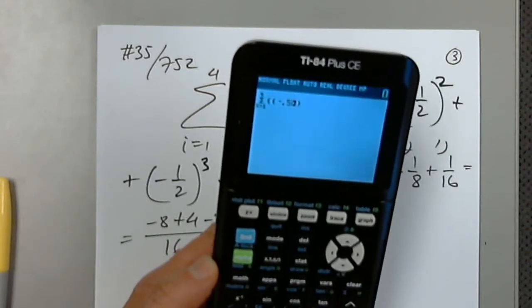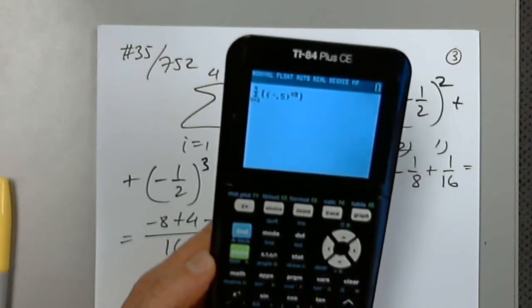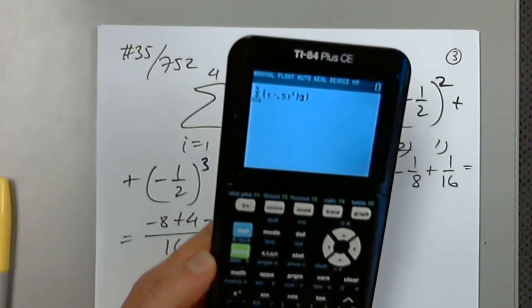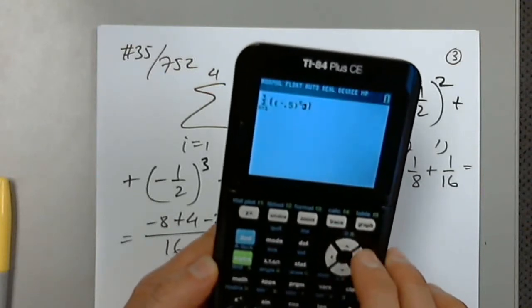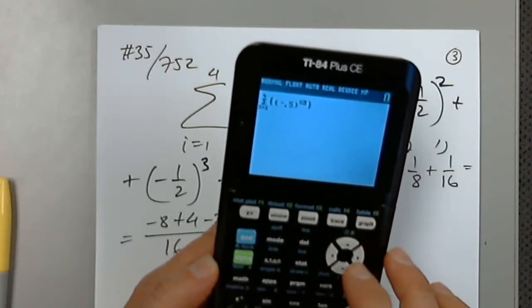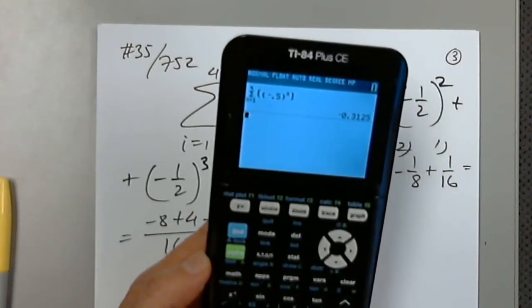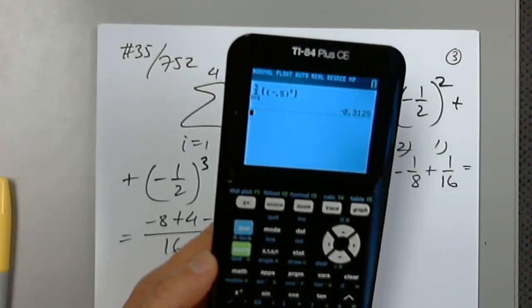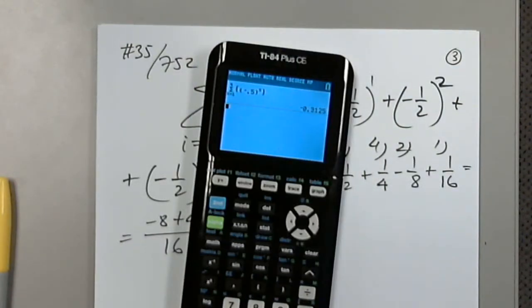So close the parenthesis, caret x, and then down parenthesis. Why doesn't... okay, never mind. Ah, so that's the problem. It didn't like it with the software because I did not put it in parentheses twice.